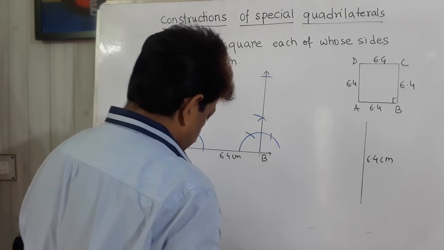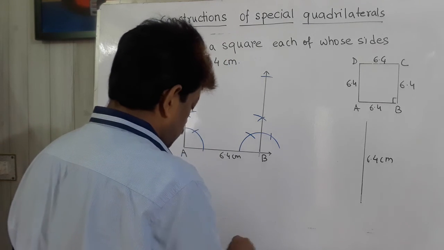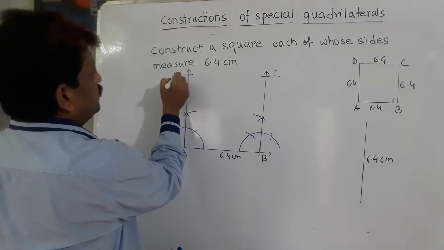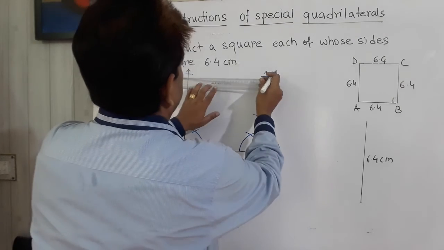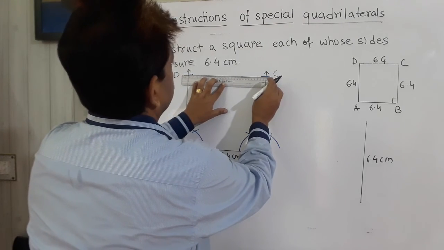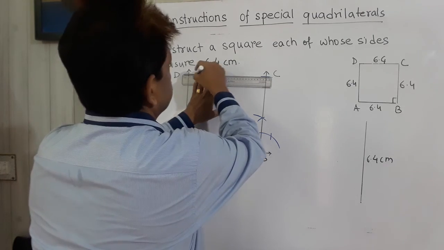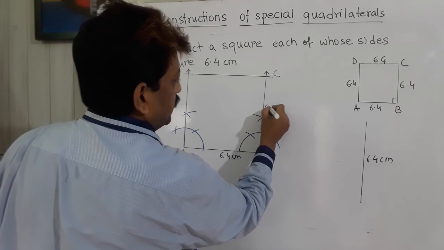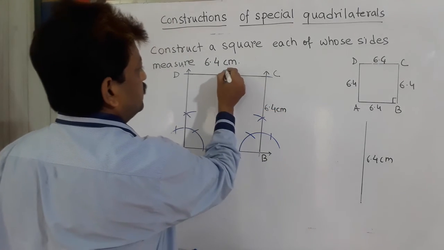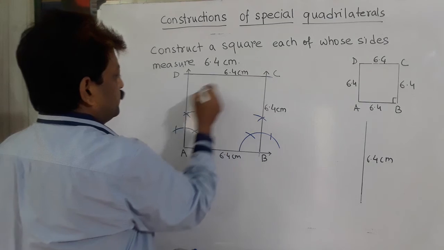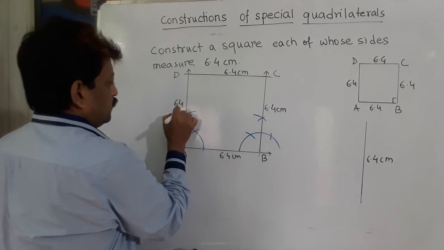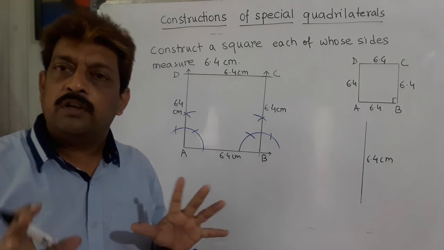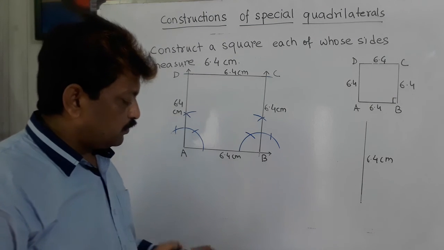Okay. That means this is C and this point is D. So C and D are joined. Therefore, ABCD is the required square whose each side measures 6.4 centimeter. Hope you have understood how to construct a square when only one side is given. Understood? Okay.